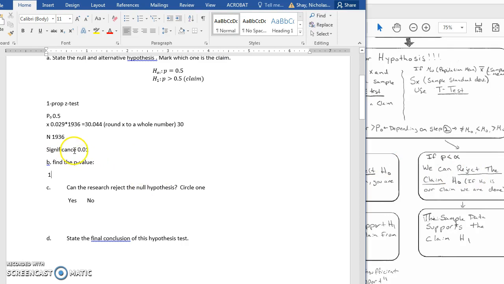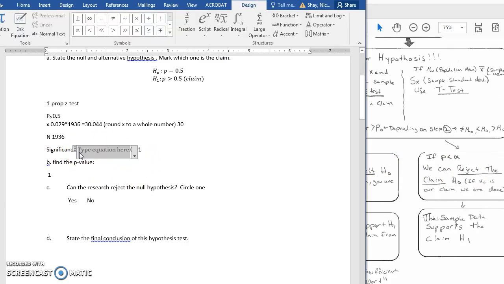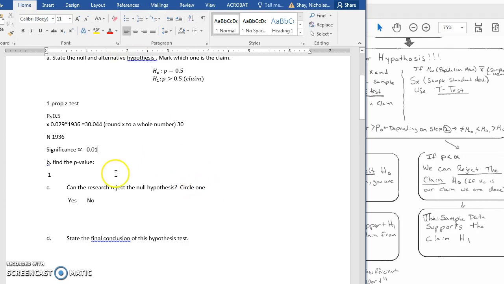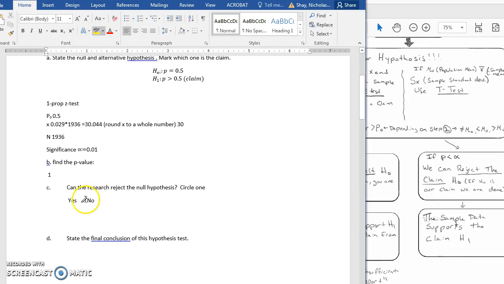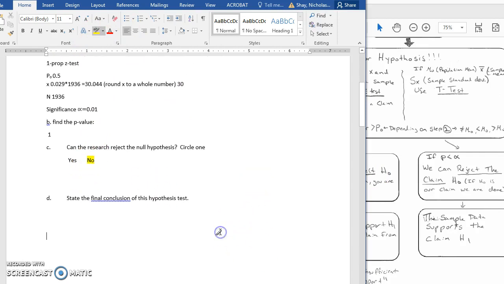Well, let's look at what alpha is. Alpha is your significance level, right? So alpha is equal to 0.01. Which is bigger, this value or 1? 1 is larger, right? Since 1 is larger, p is greater than alpha. So if p is greater than alpha, then we cannot reject the null hypothesis. So I would circle no, we cannot reject the null hypothesis.